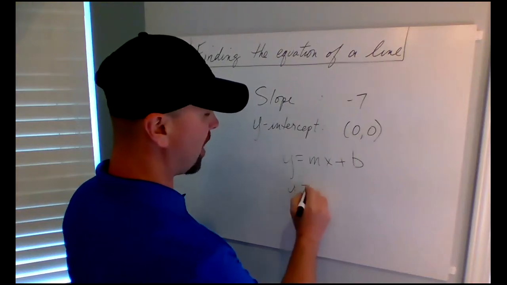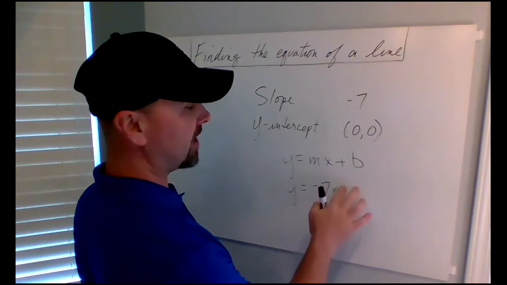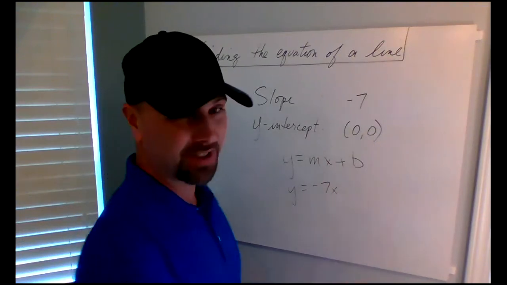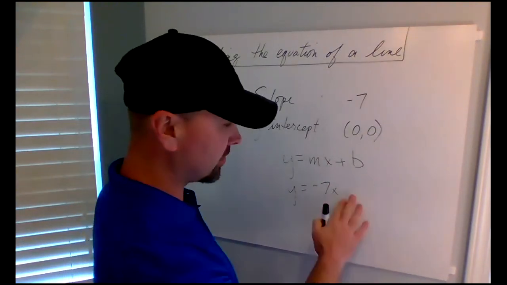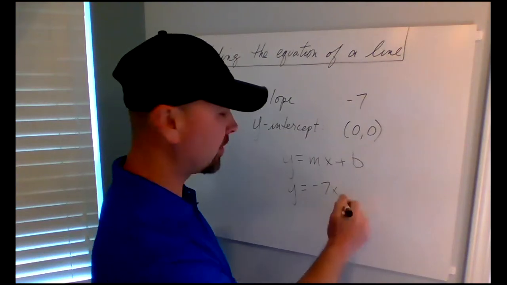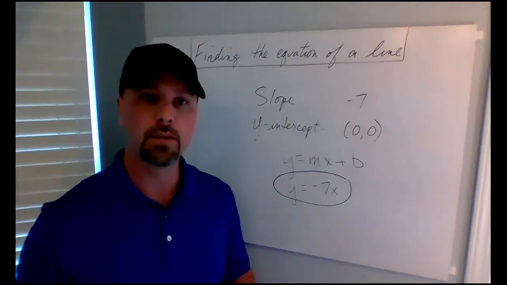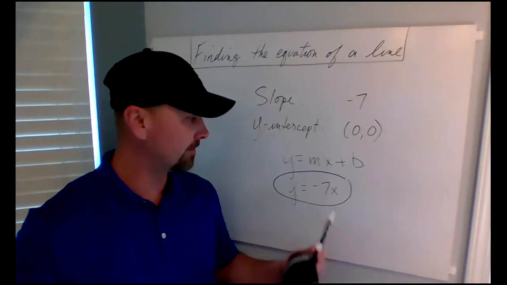When we rewrite that, y is equal to -7x. The y-intercept is 0, which means it crosses at (0, 0), so we're not going to put a plus or a minus 0 here. There is the equation of that line.